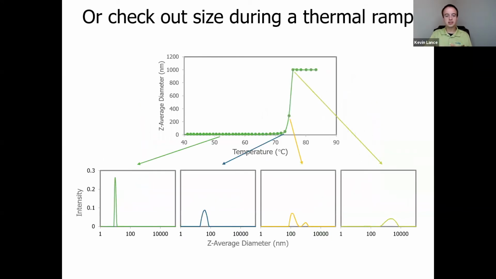Okay, so that's an example of how we can check out size and size distribution. And then here's another look at how this Z average diameter can change over time, where we'll also get a melting temperature, a size change temperature off of this experiment at about 70 to 73 degrees.